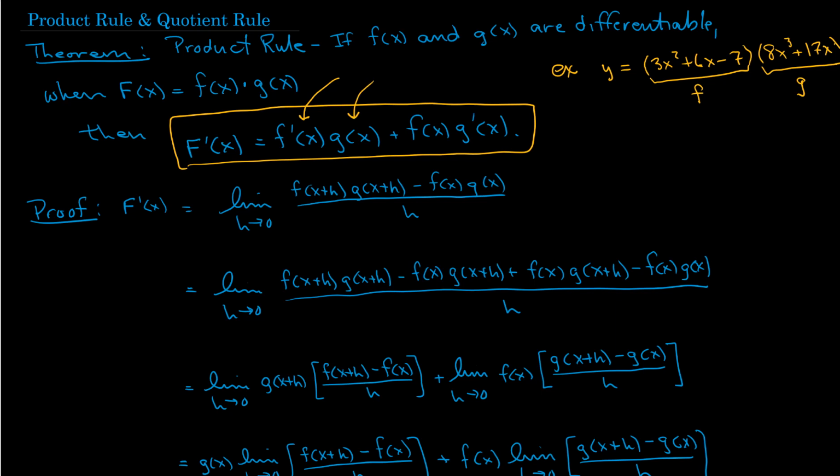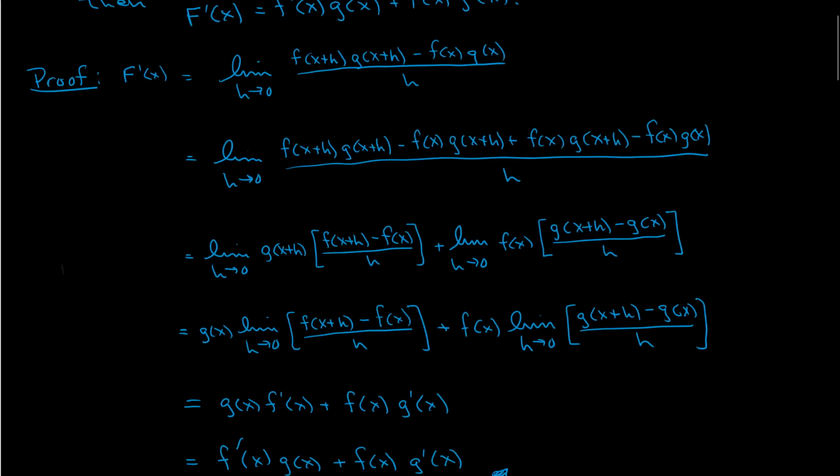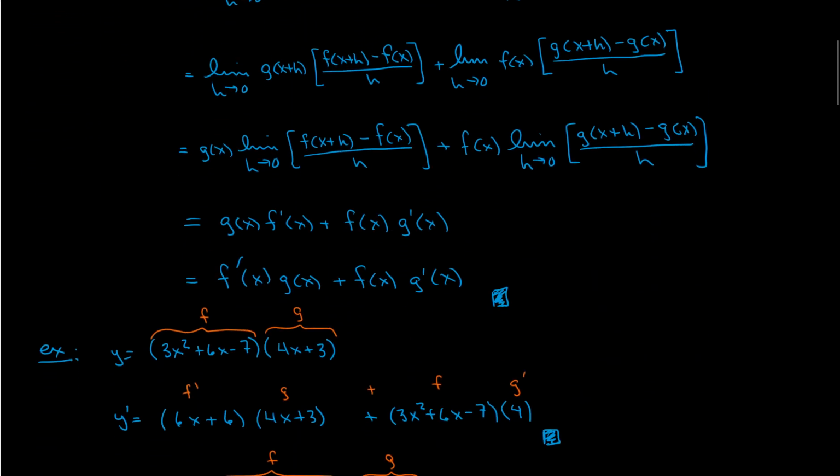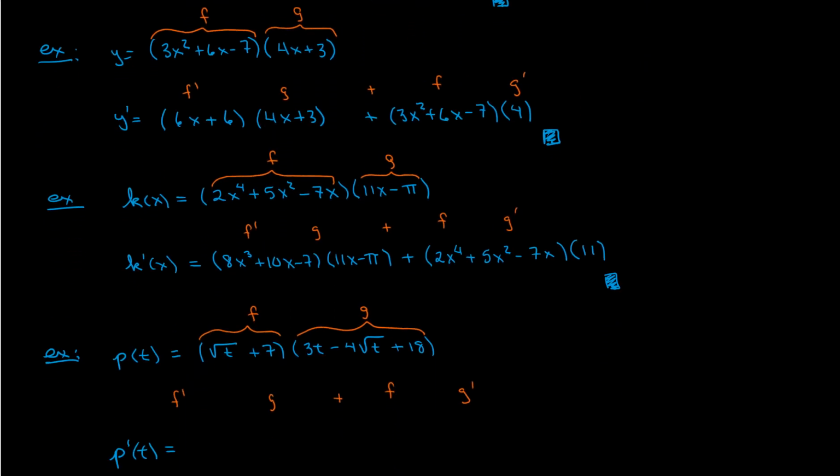Notice we're not taking the derivative of the second part here, just the first part. So we do f prime g plus, and it's real important to pay attention to the plus, then f g prime. Let's take a look at a couple of examples of how this works, and then we'll come back to this proof. Okay, so we have a proof here to show why it works. Let's first take a look at how it works.